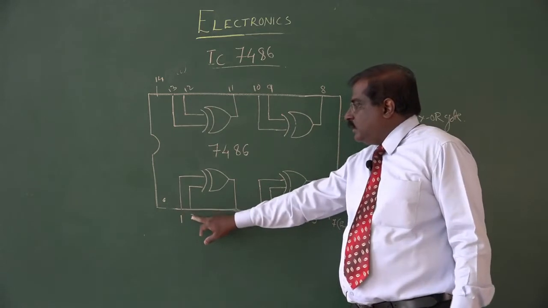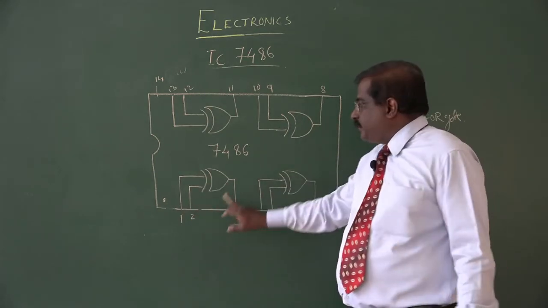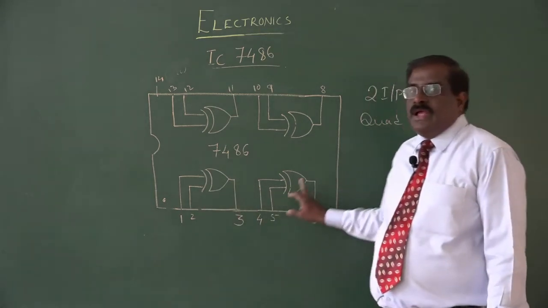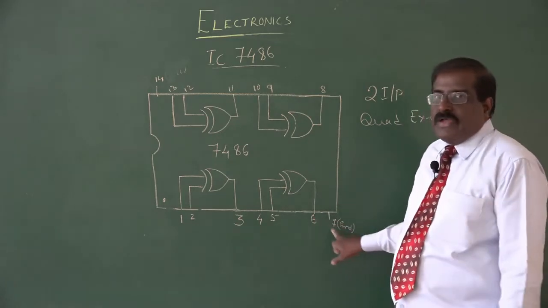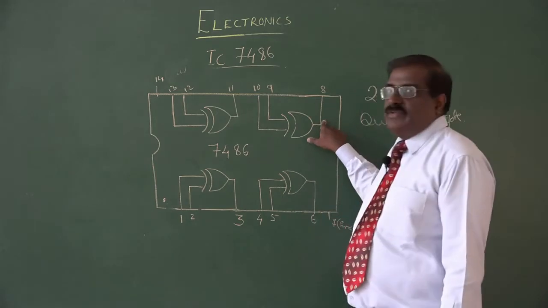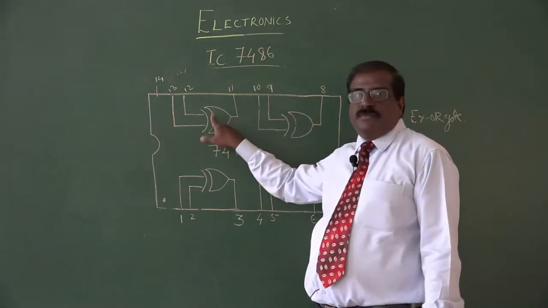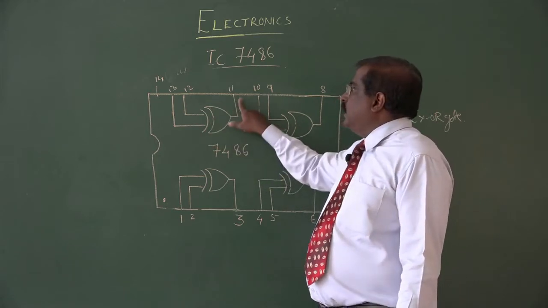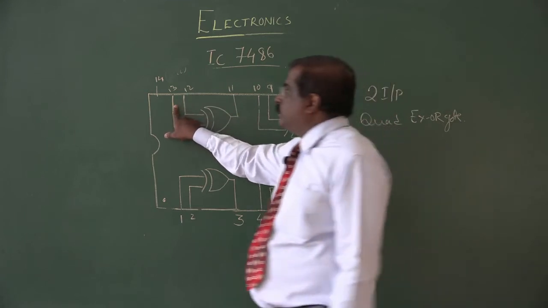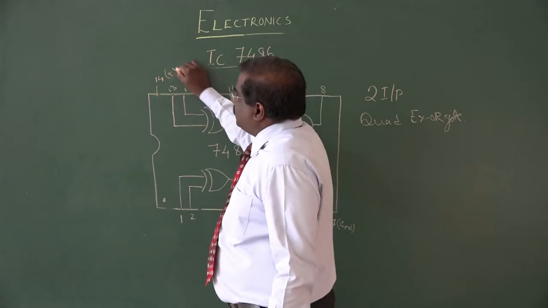Pin number 1, 2 represents the XOR gate input, 3 will be the output, 4, 5 will be the input and 6 will be the output, whereas 7 is what we declare as ground, 8 will be the output, 9, 10 will be the input. For the last 4th gate, 11 will be the output, 12, 13 will be the input, and pin number 14 represents the plus VCC.